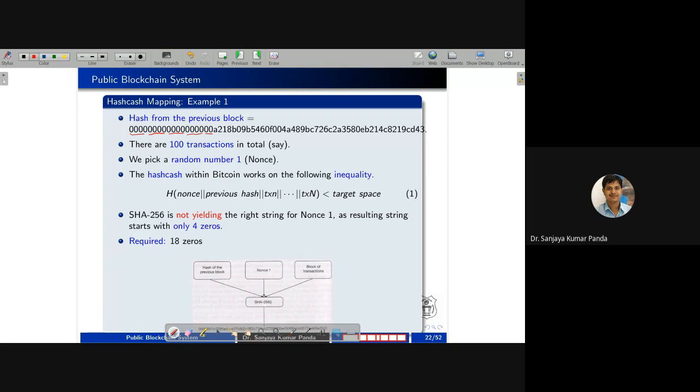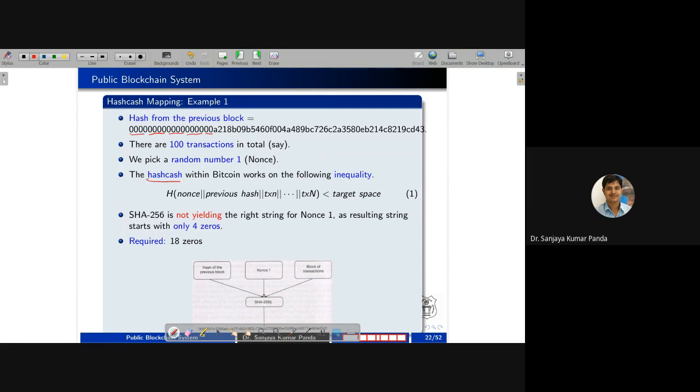Assume that you have a total of 100 transactions. The number of transactions you have here is 100. And let us take a random number, 1, which is called the nonce. In order to calculate the hashcash, what do you have to take?